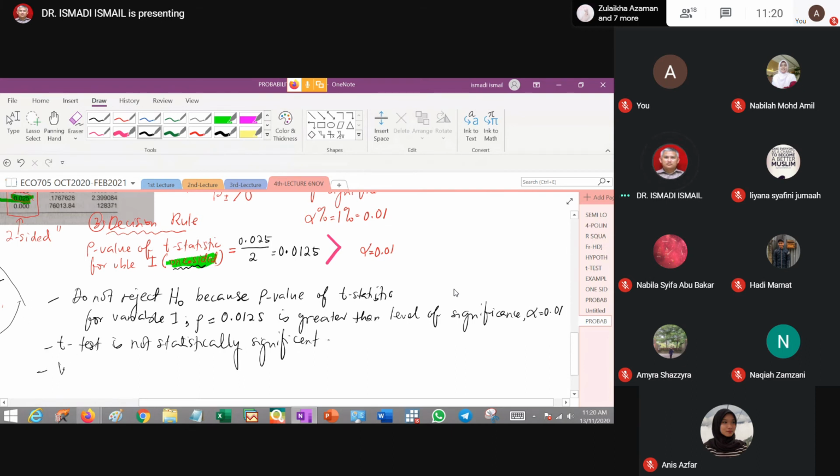So in this case, variable I has no positive influence on the dependent variable y.